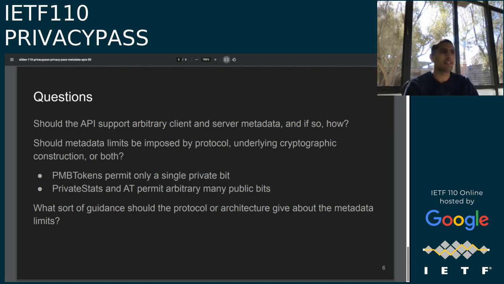For example, applications that think of metadata as strings: if you say that the metadata is only 10 bits long, or the maximum size of metadata is like 16 bits or 32 bits, then applications would have to supply some sort of mapping table from the string metadata to the small metadata sizes, versus applications using their strings directly as metadata itself.